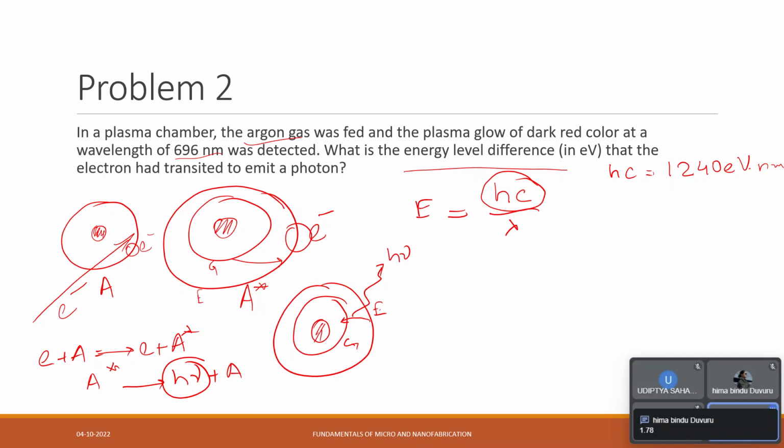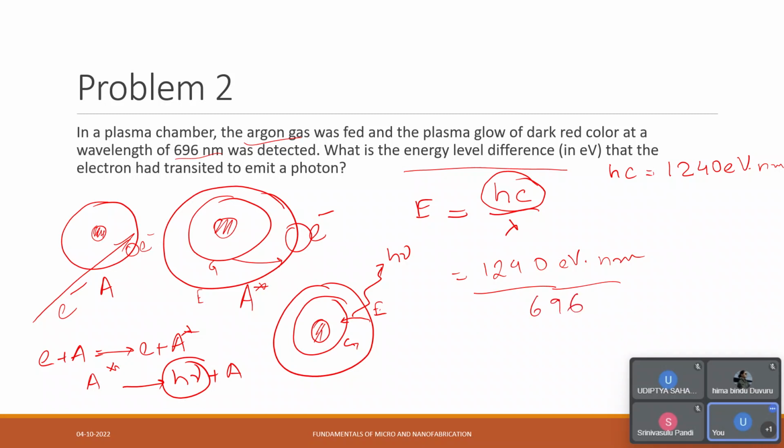Okay, let's solve it. I also have to solve. Okay, let's see. So we have 1240 electron volt nanometer, and then 696.